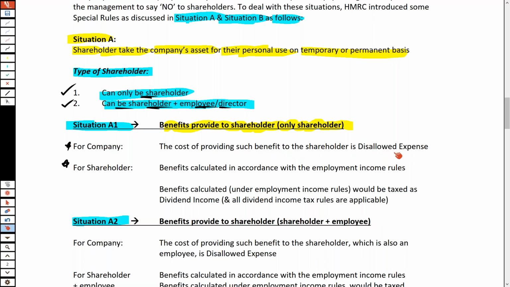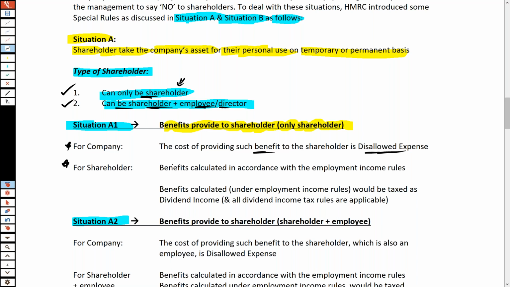Normally, companies providing any benefits to an employee can deduct it as an allowable expense from the trading income. But over here, that person is only a shareholder, not an employee of the company, so the company cannot deduct the amount of that asset benefit from the trading income. That is disallowed.